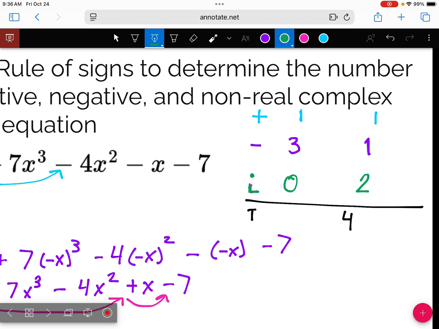That does not happen. Imaginary roots are formed when we take the square root of a negative number, which means we're going to have plus or minus 2i, 3i, whatever that is. So we always, always, always have imaginary roots in pairs. That's why we always count down by an even number.